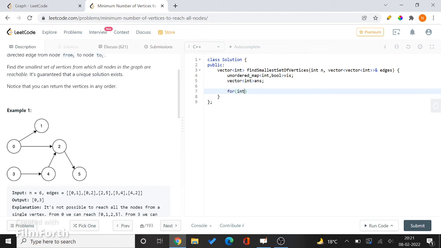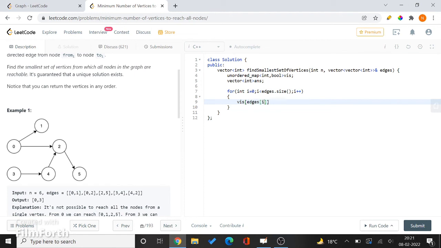So we are going to loop into the edges vector, and as I said, for every edge u to v, we are going to mark the v in that u to v as true, because it will always be reachable by some u, right?